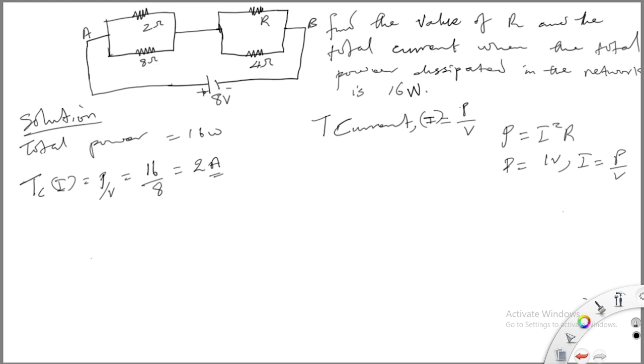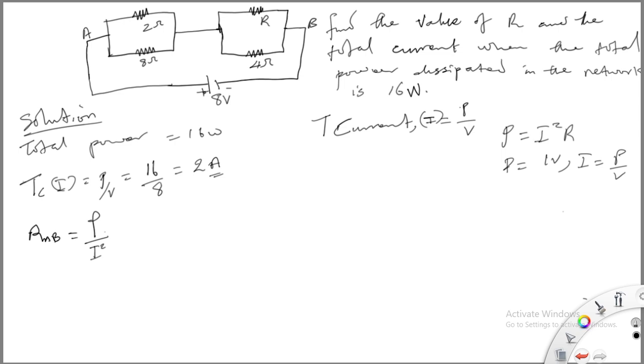So to calculate the value of R, we can say total resistance from point A to B, RAB, is equal to what? It can still be P over I squared. Do you believe that? I believe it. If you remember, we say P is equal to I squared R from here.